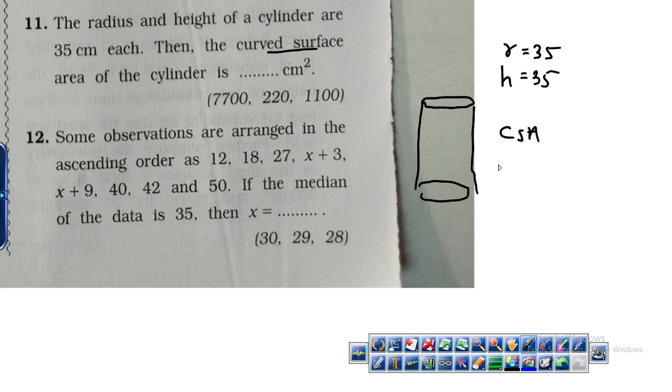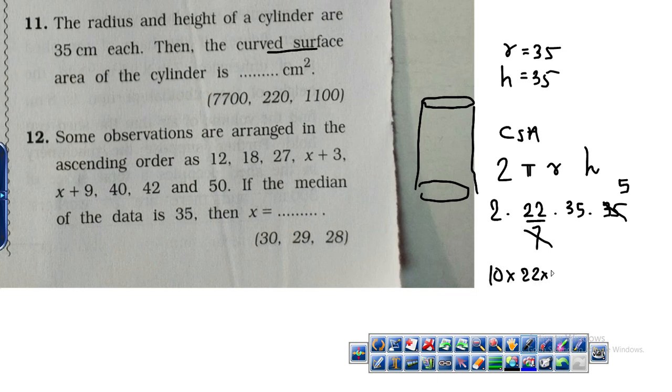CSA formula is 2 pi r h. 5 2s are 10, into 22, into 35 is equal to 220 into 35. 35 into 220, 7700 is the answer.